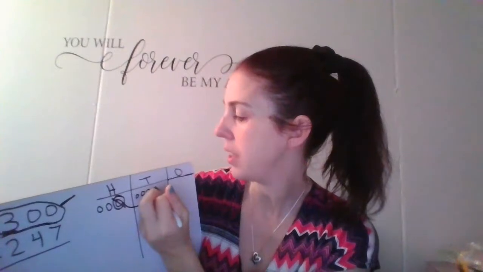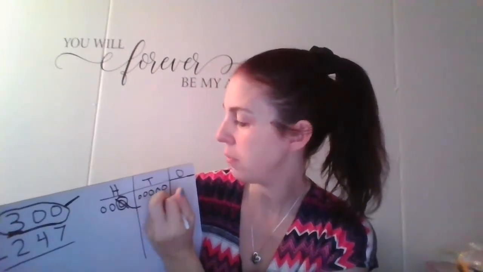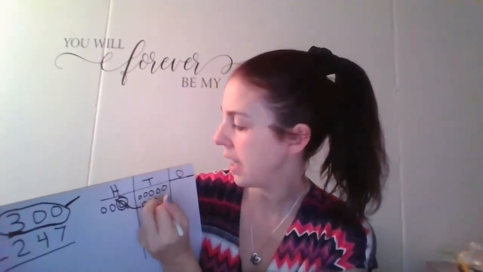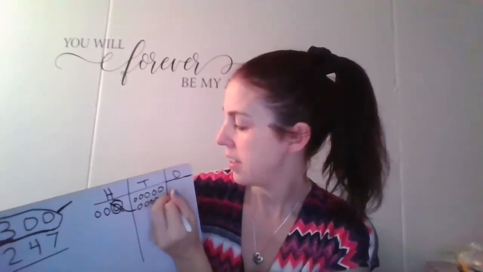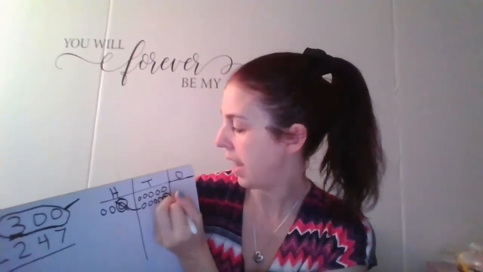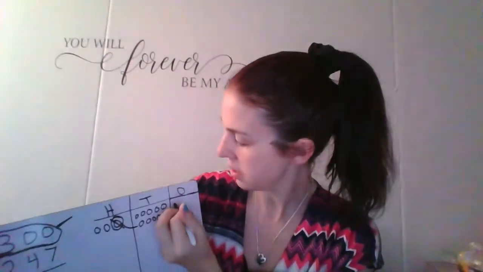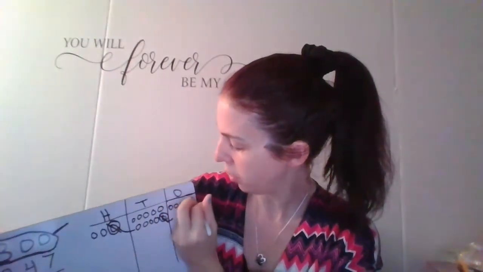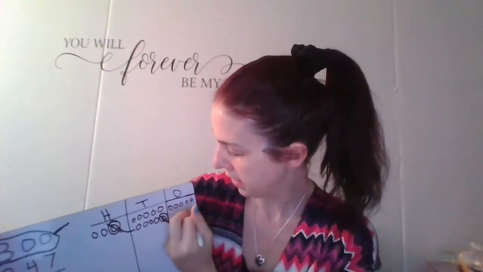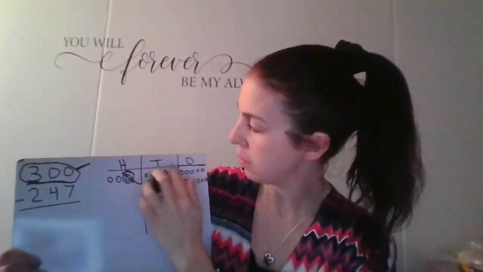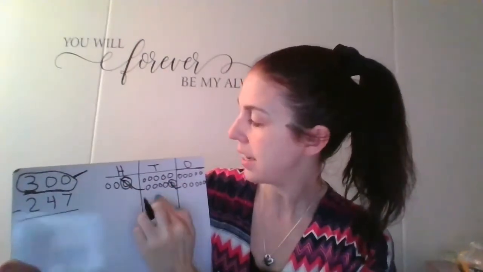If you can do it all in one step, 1, 2, 3, 4, 5, 6, 7, 8, 9, 10, and then this 10th one actually comes over to the ones. So you actually have 100 that comes over here, and we know that 10 tens make 100.